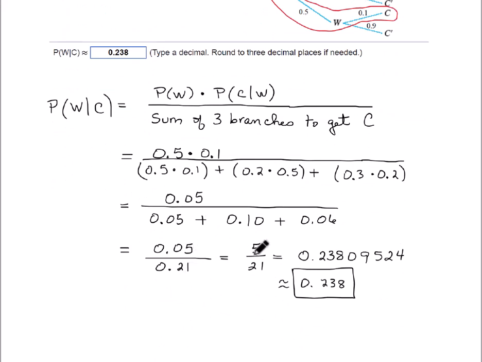I can convert this to 5/21, which is this long decimal. But they said round to 3 decimal places. So the thing after the 8 is a 0, so I can throw all this stuff away, and I get 0.238.